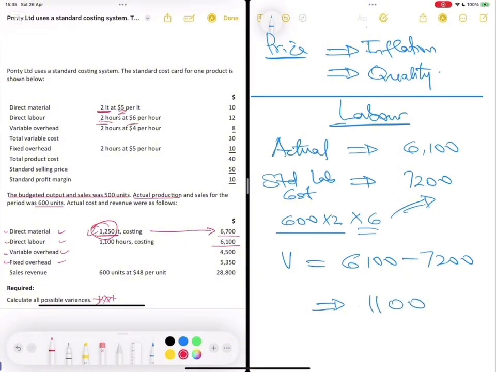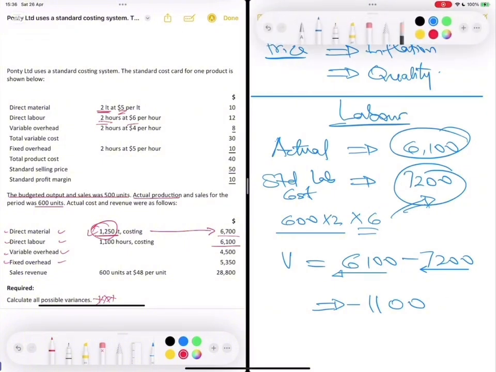Adverse or favorable? Favorable. Actually, it's less. Yeah, so it's favorable because the actual is less than what it should have been. So we've actually spent less than we should have spent on labor, and that is good.